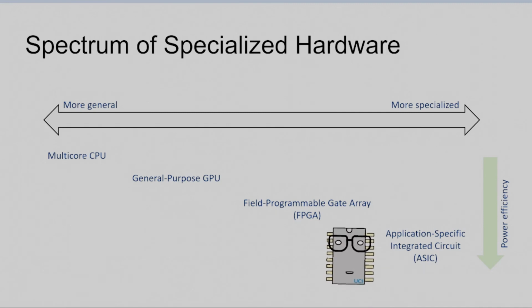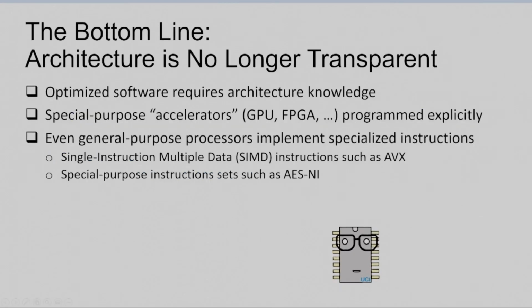And this is the second part we're going to focus on in this course. The bottom line, if we had to just pick one, is that the architecture of our machine, from the point of view of software programmers, is no longer transparent.